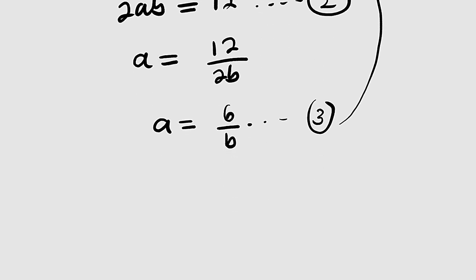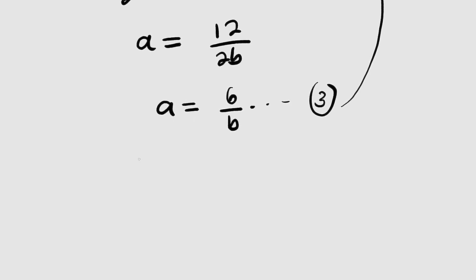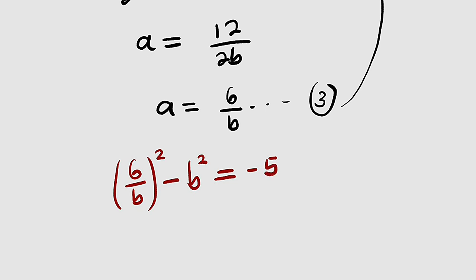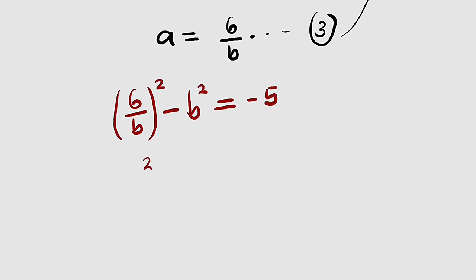So we have a squared, which is the same thing as (6 divided by b) all squared, then minus b squared equal to -5. Let us expand this. We have 36 divided by b squared minus b squared equal to -5.